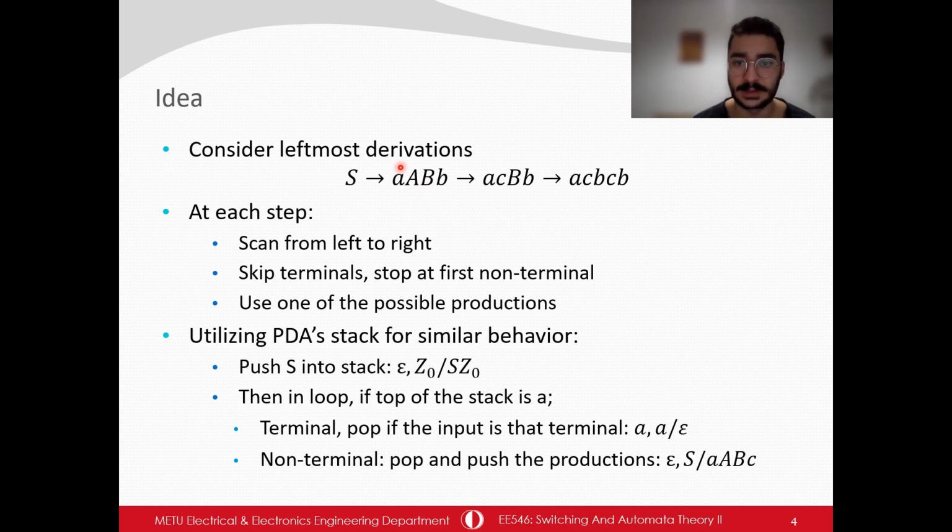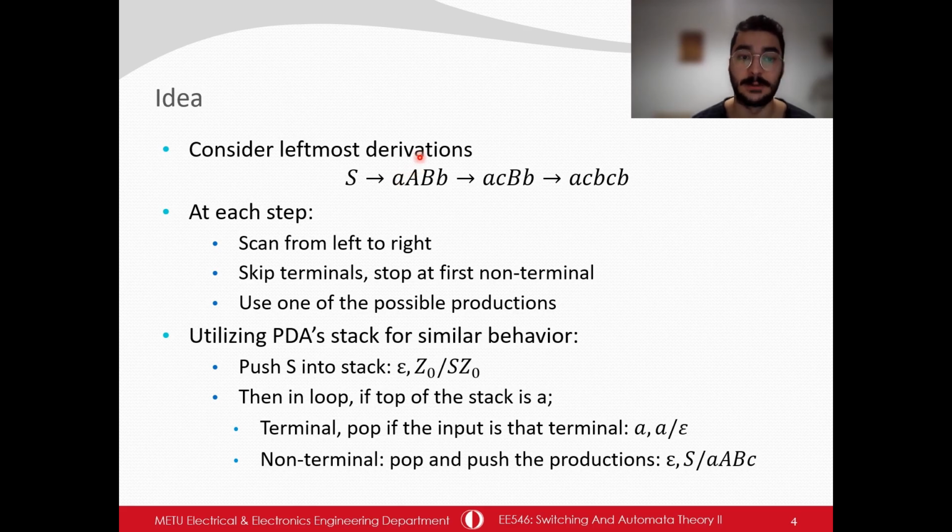Now at the top of this stack we have the little a character, the terminal character a. So in a sense, the leftmost side corresponds to the top of the stack. Now what do we do? We check. If it's a terminal character, we should skip it. How do we skip it in the stack? We pop it. But we shouldn't just pop it spontaneously.